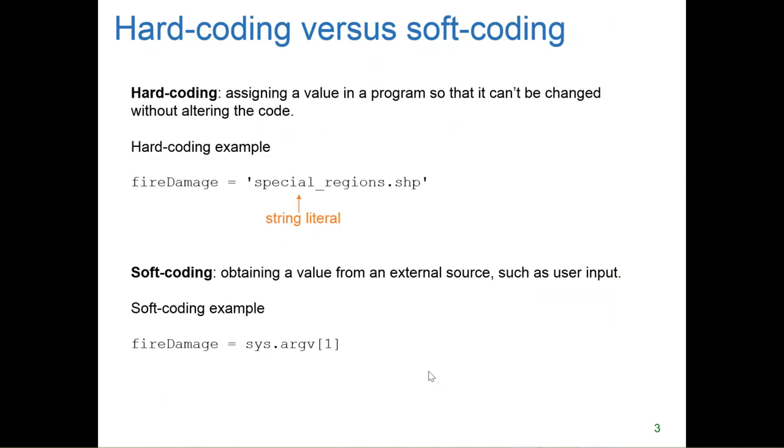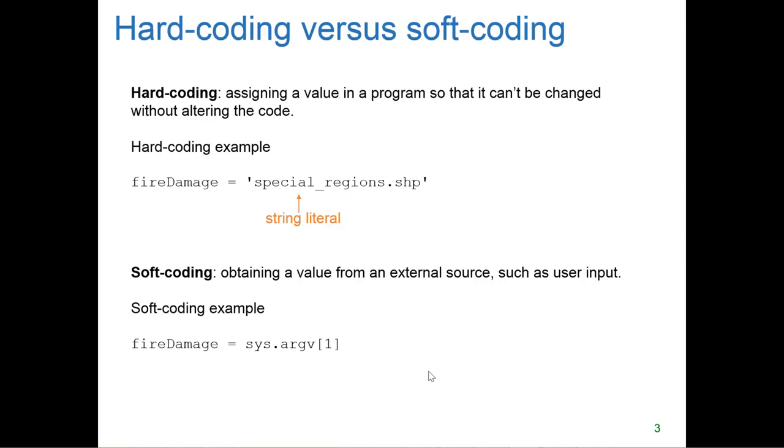Hard coding means assigning a value in a program so that it can't be changed without altering the code. On our previous slide, we said that fire damage was hard coded because we're using a string literal to set it, as opposed to soft coding, which is obtaining a value from an external source such as user input.